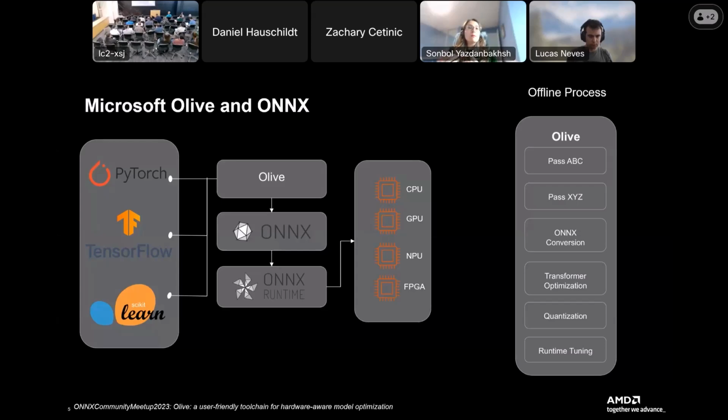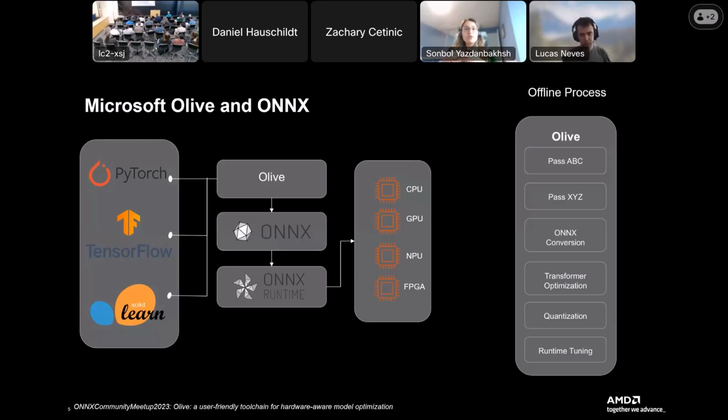As for the passes that we have in Olive, we have ONNX conversion, quantization, transformer optimization, which is the main one for generative models, and also tuning.